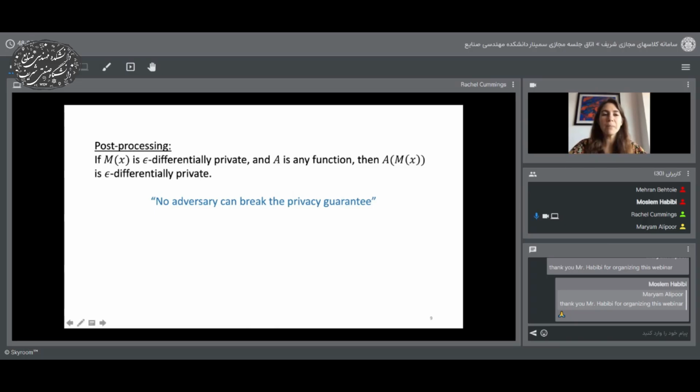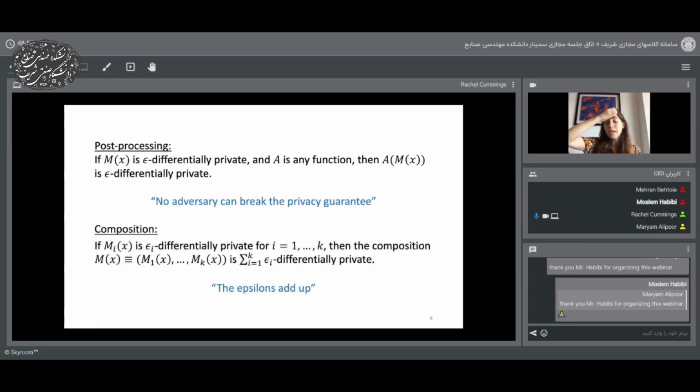So if I have some epsilon differentially private algorithm, and I apply any function to it, and think of this as being an adversary, then the result of the adversary trying to break the private algorithm is still going to maintain the same privacy guarantee. So anything you do to a private output will stay private at the exact same level.